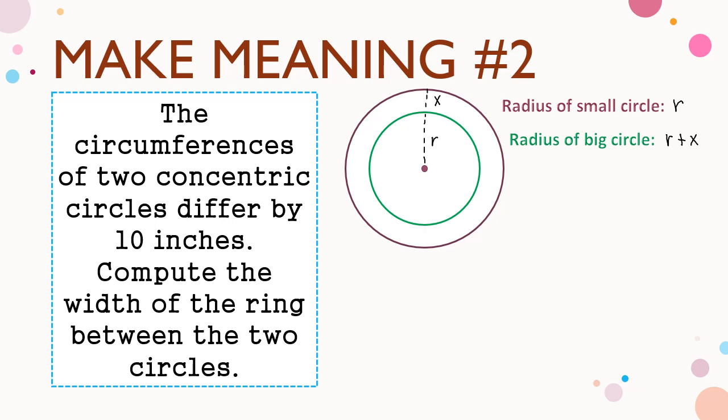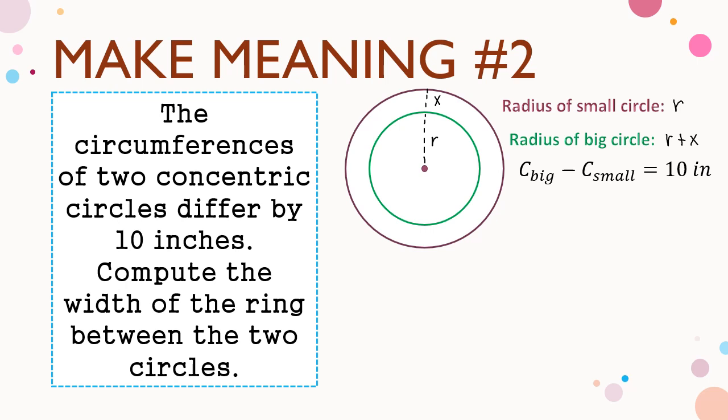And as mentioned here, the circumferences of the two concentric circles differ by 10 inches. So that means we can have our equation and it involves subtraction. We can have the circumference of the big circle deducted by the circumference of the small circle, and therefore the remaining portion would be this, which represents the width of our concentric circles, and it differs by 10 inches.